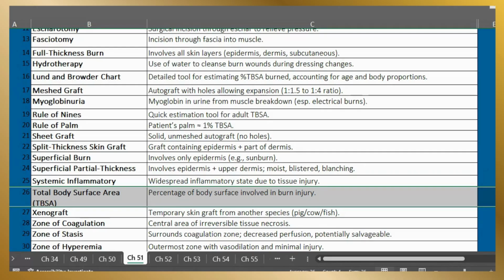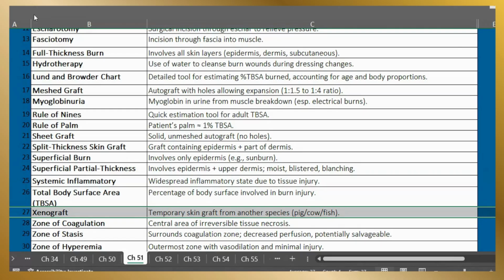So it determines the fluid need, severity, and transfer to a burn center. Xenograft, it's a temporary skin graft from another species like pig, cow, or fish, used when allograft is unavailable.